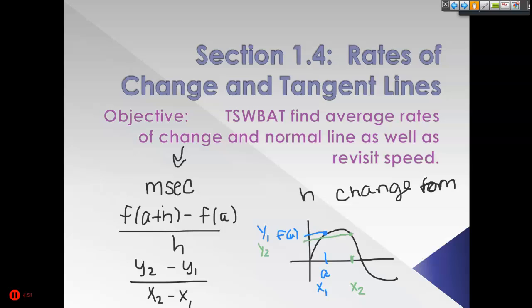When we do the a plus h, all we're doing is saying the distance from here to there is a plus h, because h is the distance between them.